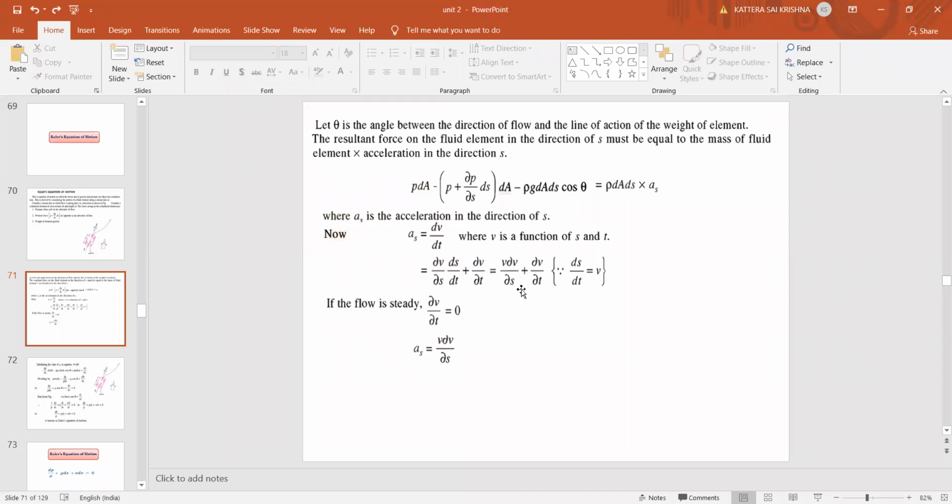If you are unable to remember this, you can directly remember this: a is equal to v ∂v/∂s for a steady flow, nothing but in terms of direction.